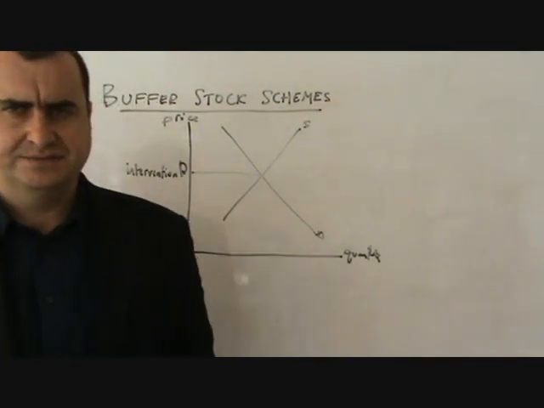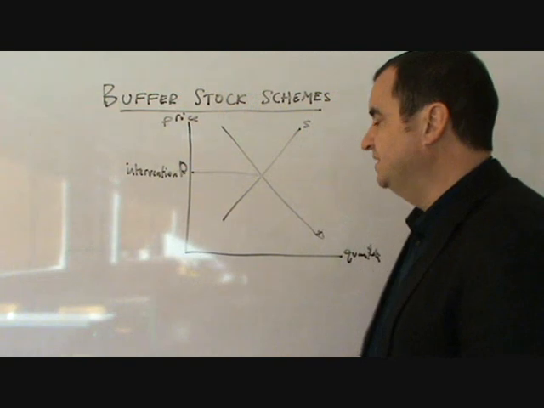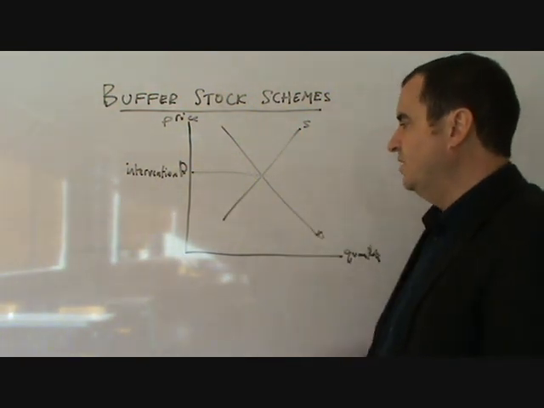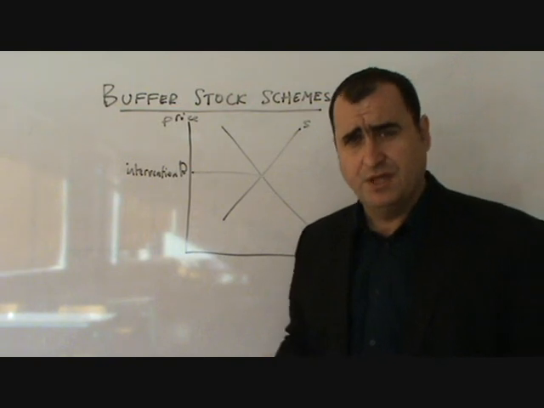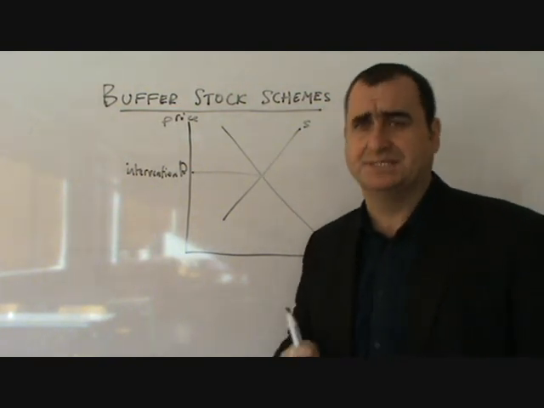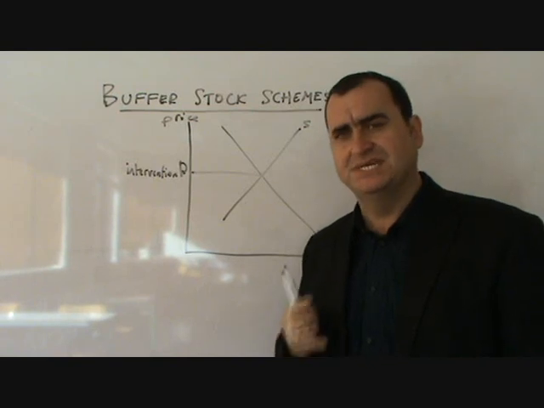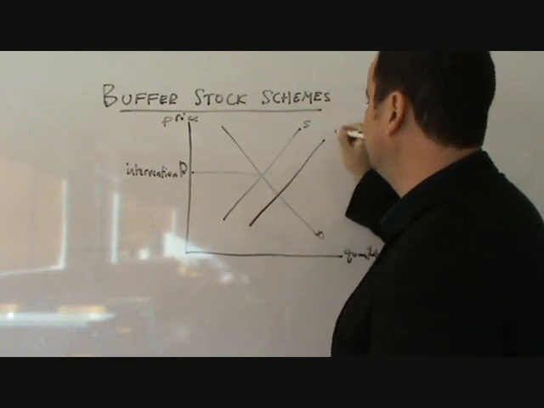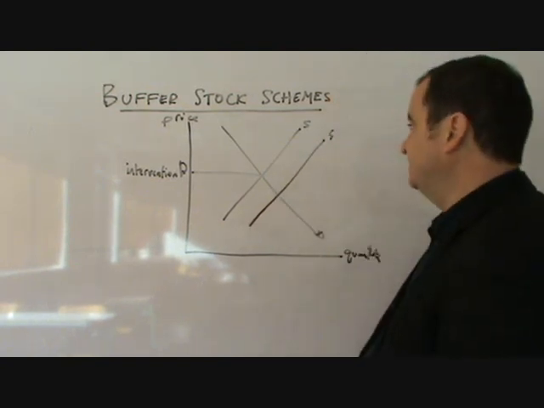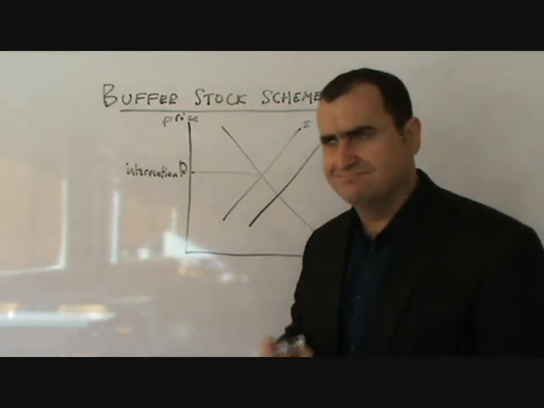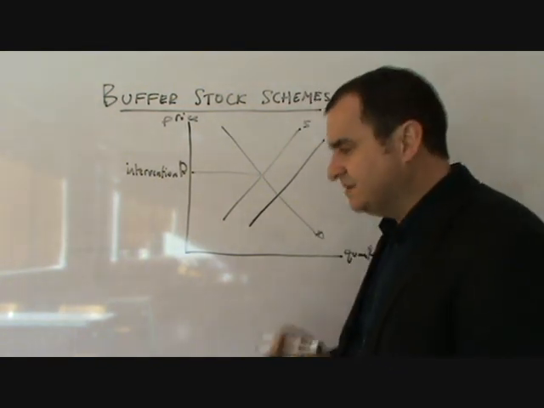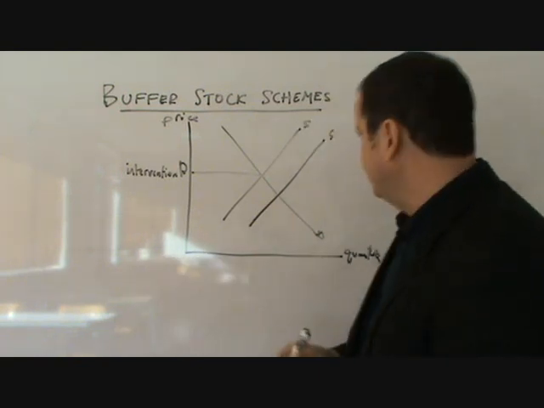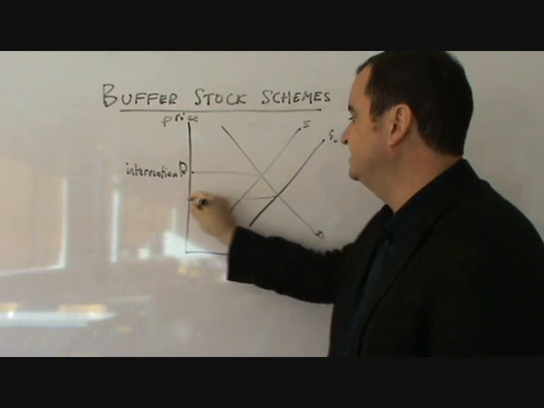They promise to act whenever the price deviates from the intervention price. Whenever the price falls below intervention price P, whenever the price is below that in the market, the buffer stock agency buys the commodity. They buy it when the price is low. So if, for some reason, there was an excess supply, let's say this is cocoa beans, and there was a super bumper harvest, just the perfect climate, no bugs that year eating the little cocoa bean leaves or whatever, and the price just collapses.